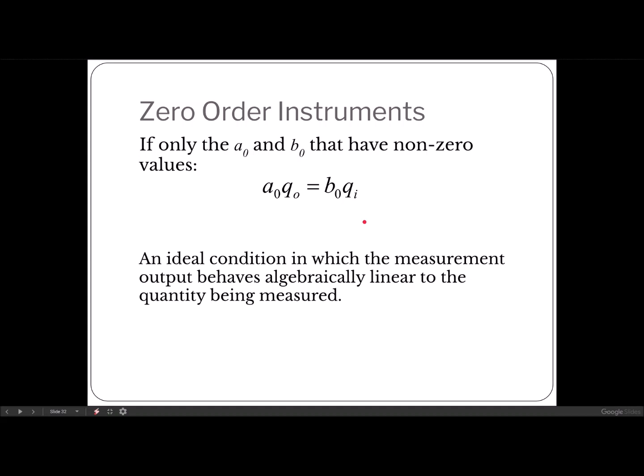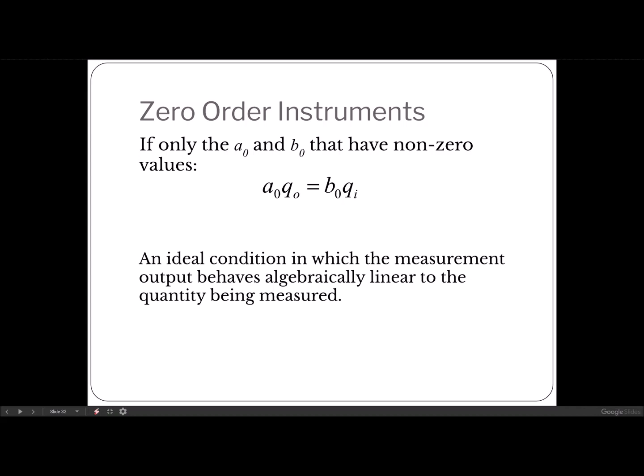We will have what we call a zero order instrument. In this case, the relationship between output and input, Q0 and Qi, is simply represented by an algebraic equation. And technically, here we only have a static system. We don't have dynamic property in our system here.